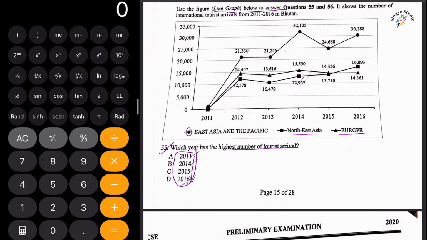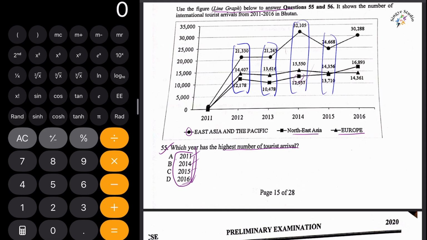The first thing you can do is understand the graph very carefully before you solve this kind of problem. We have to add up all the numbers for every year to get the highest number of tourist arrivals.